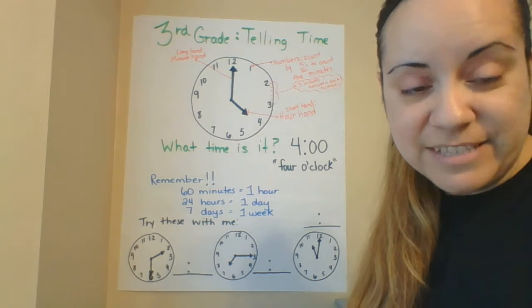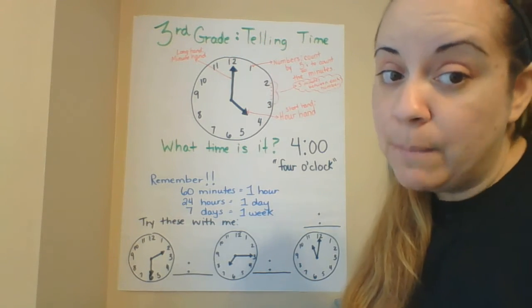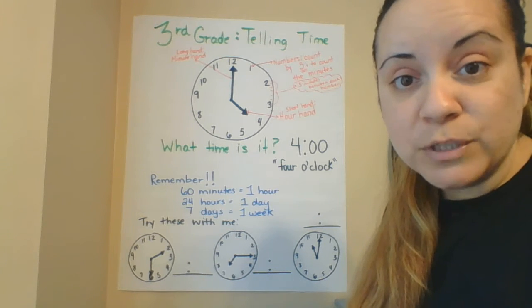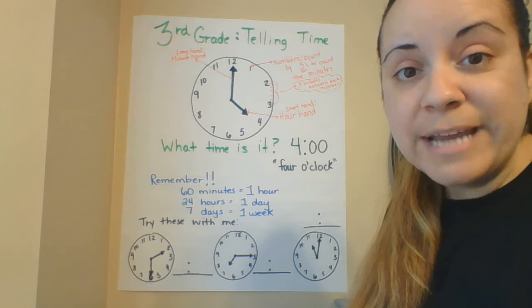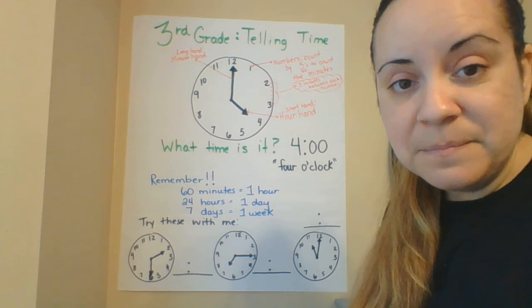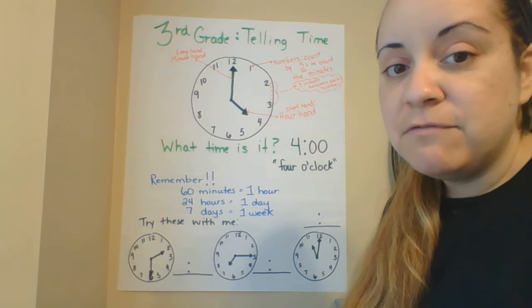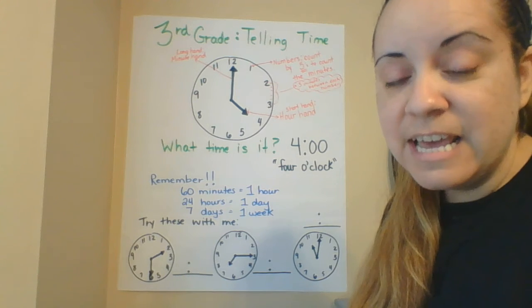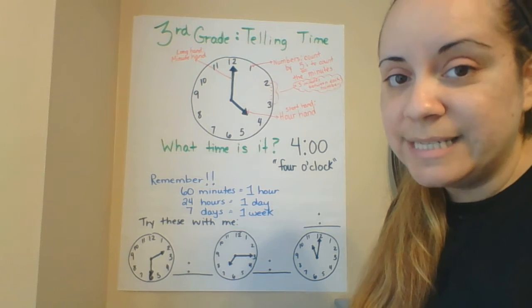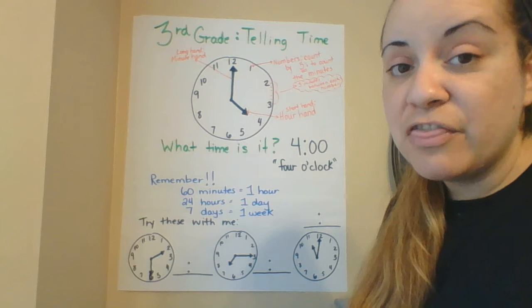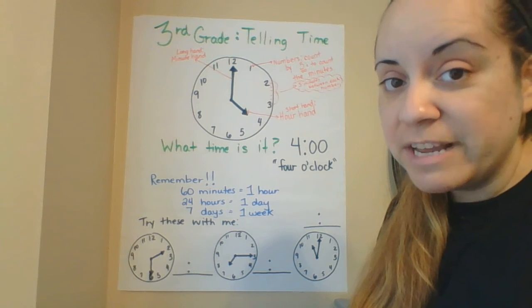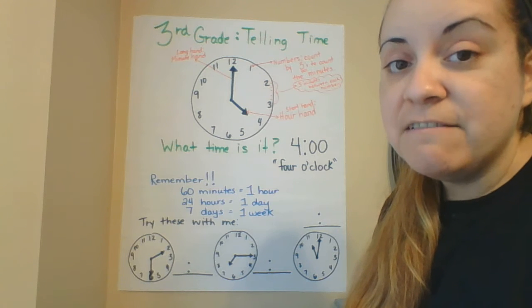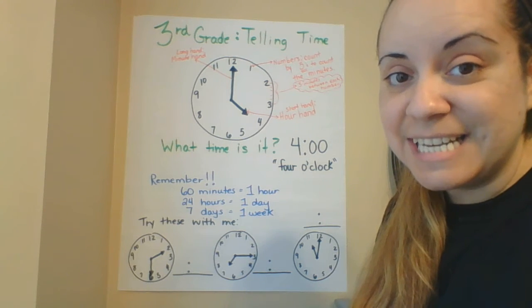Let's count by fives together because in order to tell my time, it's really helpful to count by fives. So we're going to count by fives all the way to 60. Ready? And go. 5, 10, 15, 20, 25, 30, 35, 40, 45, 50, 55, 60.